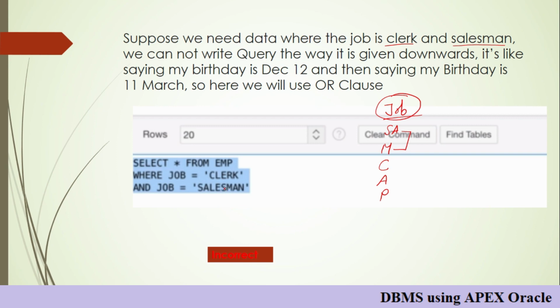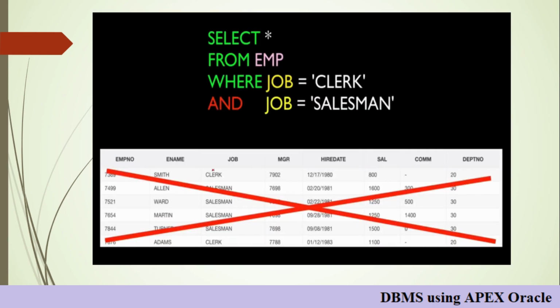When we execute this command, we get data that is not correct in this case. If you want to work properly with the given command, you have to use the OR operator in place of the AND operator, because we just want to select the persons whose job is clerk or salesman.